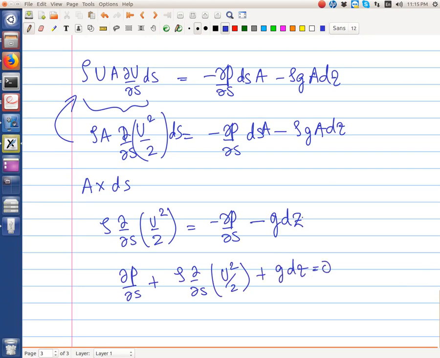So this is dz divided by ds. Okay, so essentially del S of P plus rho U square by 2 plus rho g Z is equal to 0.